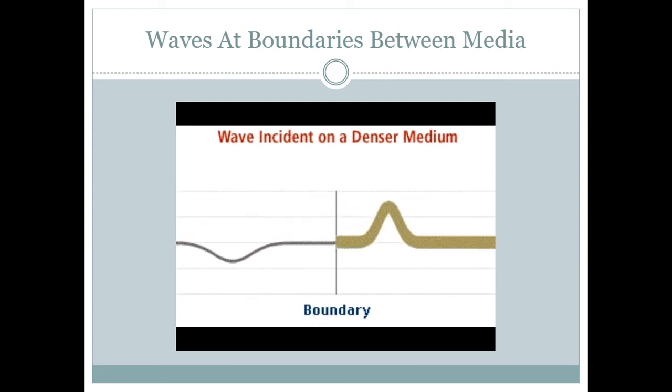By Newton's third law, the thick string pulls back on the thin string with equal and opposite force. Because the thin string has a smaller mass density, it accelerates faster at the boundary, setting up an inverted, reflected wave. Note that the wave momentarily distorts as it rebounds off the boundary.